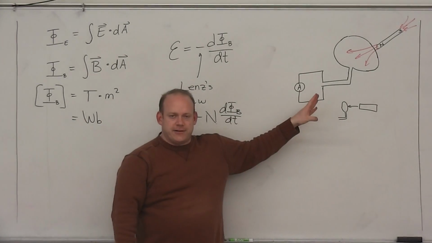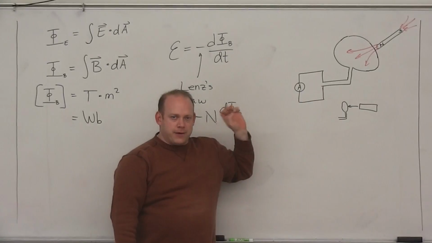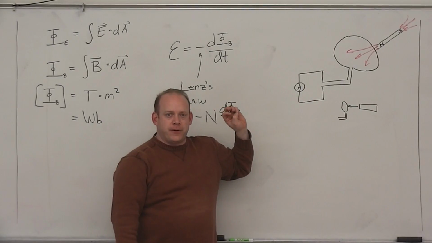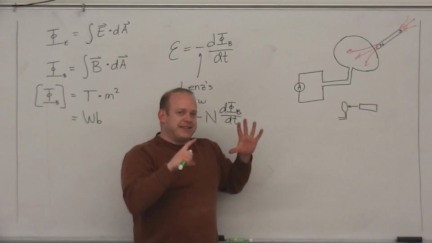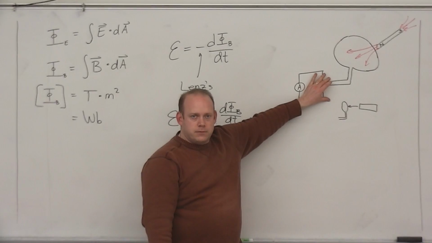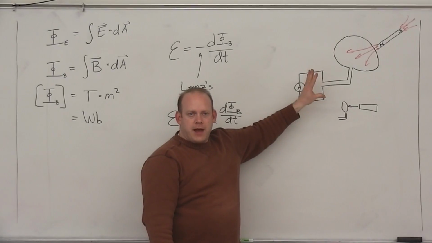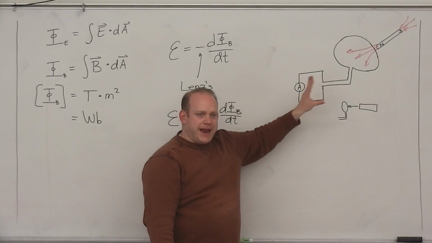The magnet stays there. There are no additional magnetic field lines coming in or going out. I have the same amount, a static amount. This lights that. Nothing happens. It's only when a change occurs that something happens.